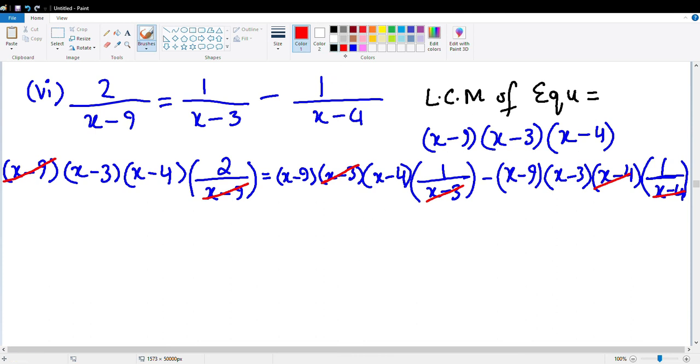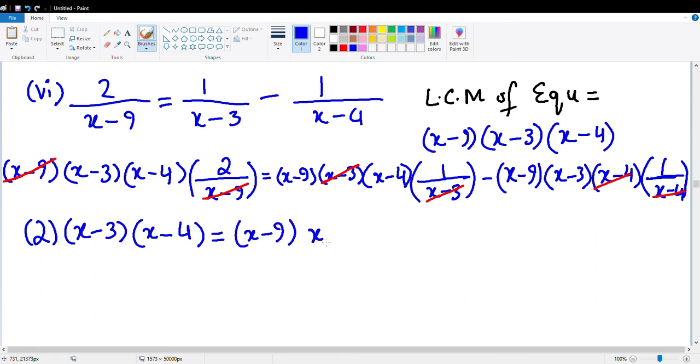And now let's switch back to our pen, and we'll get 2 into x minus 3 into x minus 4 equals x minus 9 into x minus 4.